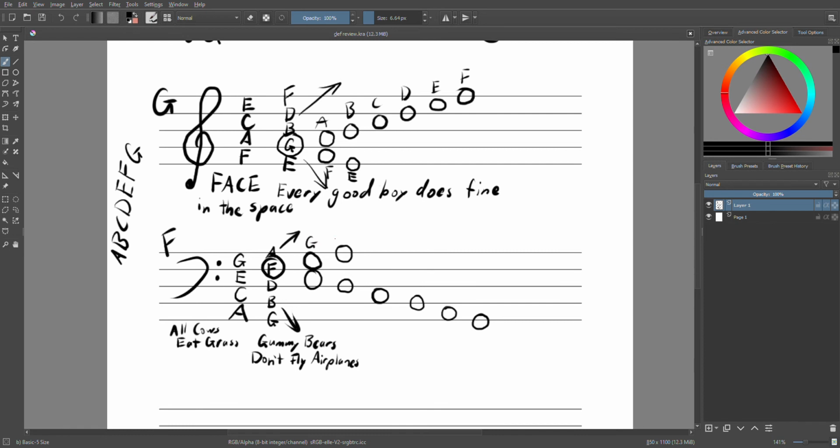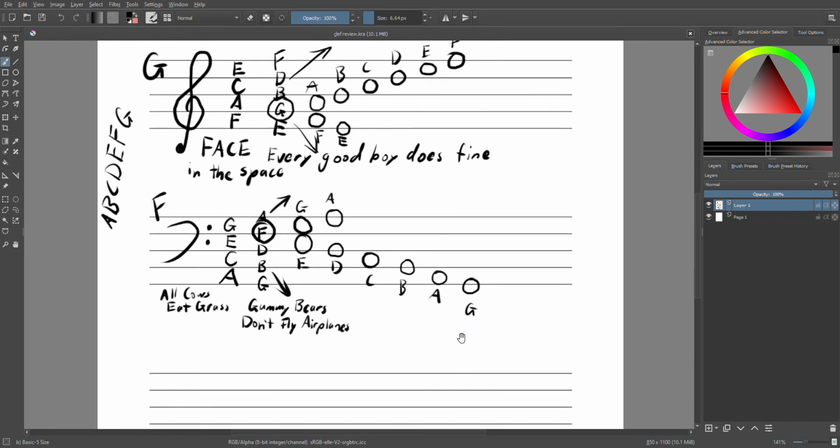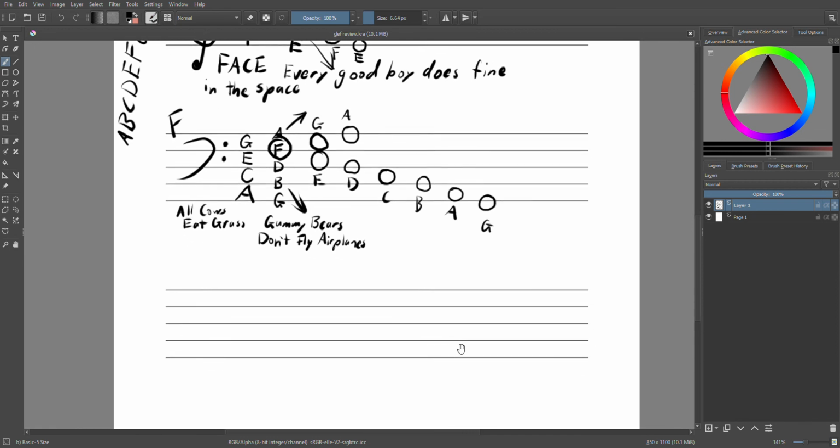F, G, A, and E, D, C, B, A, and G. All right. Next, we have the alto clef. I'm not good at drawing this one. That's okay. We have the alto clef, which is also called the C clef, because this one starts at C.